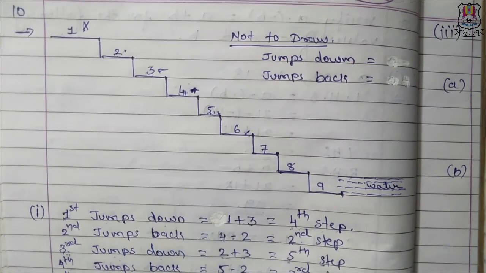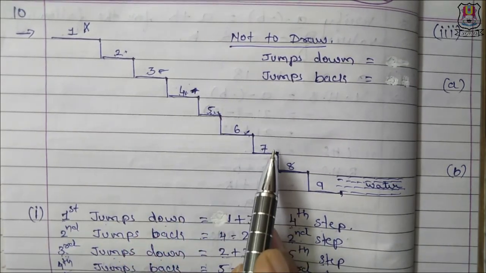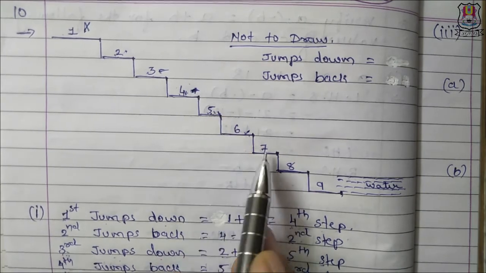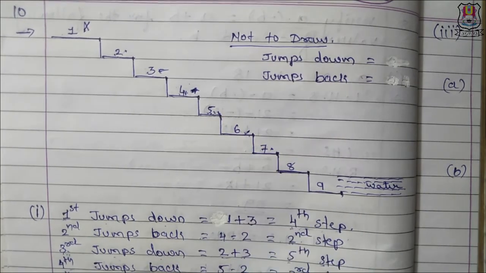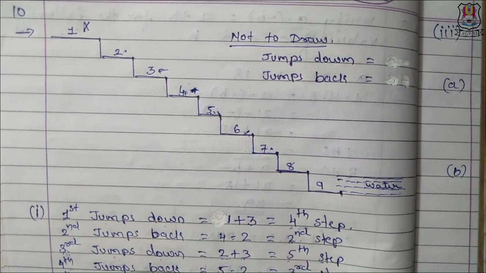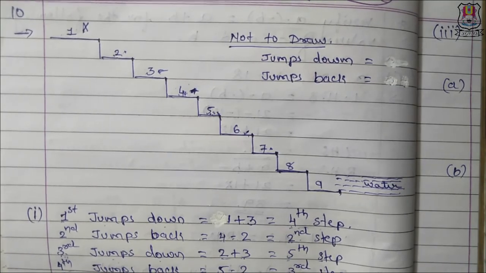So from 4th step, now he jumps back again downwards 3 steps, 1, 2 and 3. This is, he is on the 7th step now. So 4 plus 3, he is on 7th step.